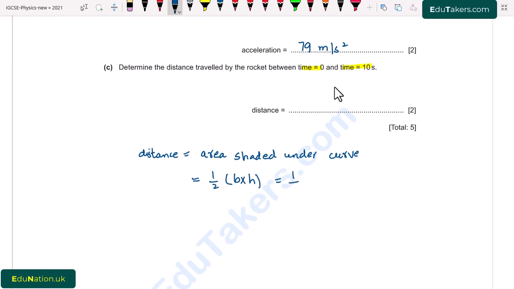And by putting values, 1/2, we have to put here time, and at the place of height we have to put the values of speed.